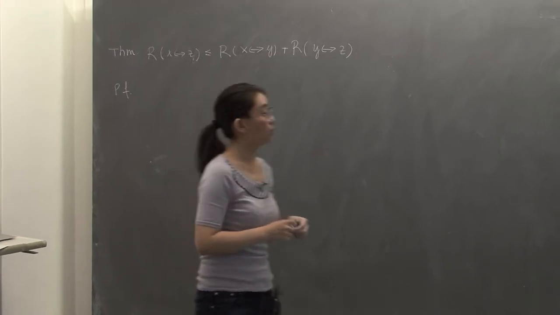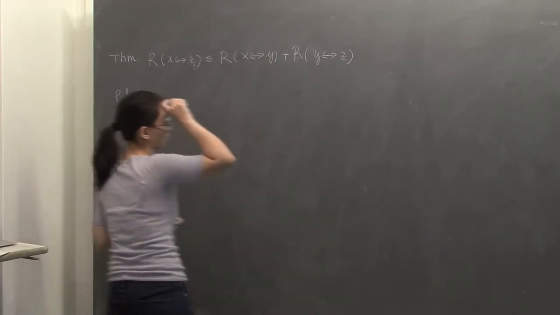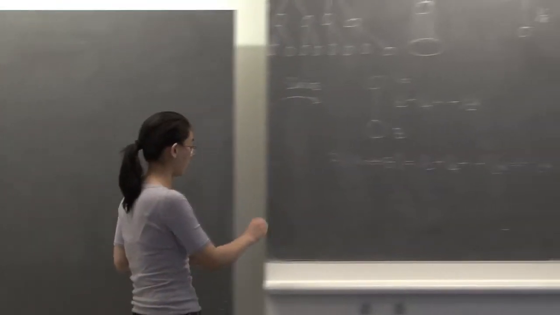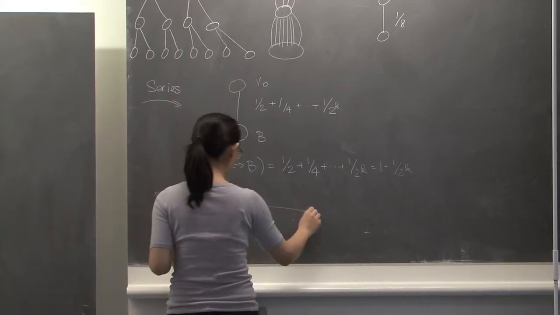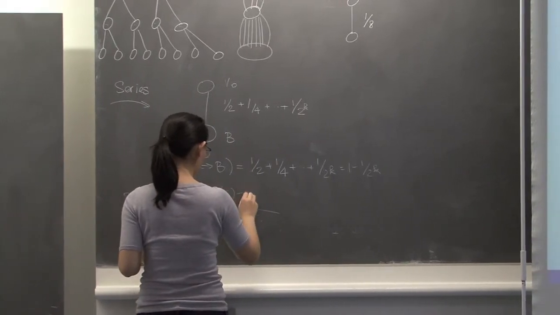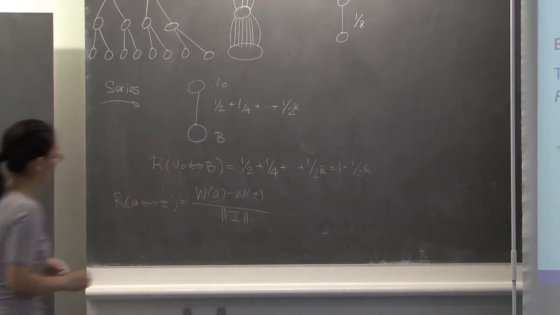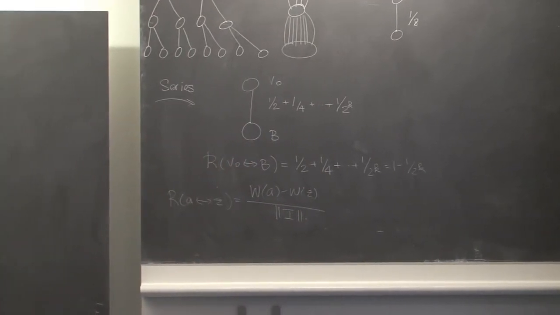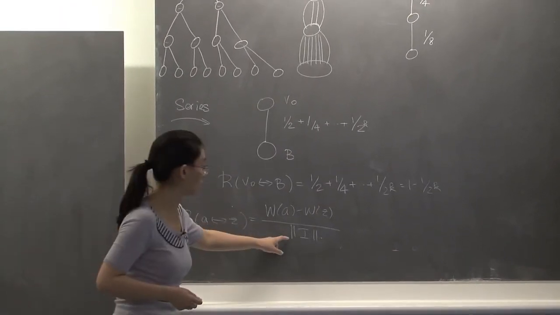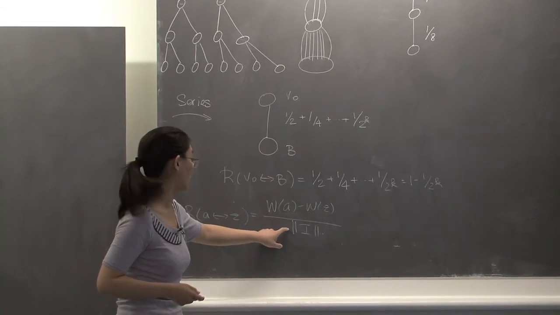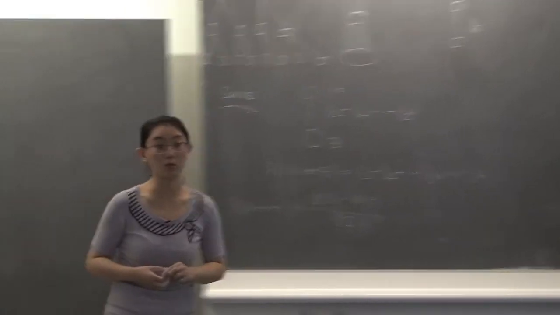Okay, so why is this true? Just a quick recall, the effective resistance is the difference of voltage normalized by the strength of the current flow. If we assume that the current flow is the unit current flow, then this strength is just 1. So the effective resistance just becomes the difference between the two voltages.